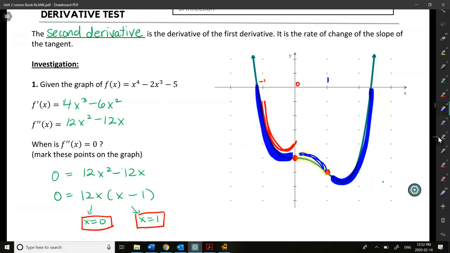So they won't be turning points. Turning points are where your first derivative equals 0. So the first derivative points are potential local maxes, local mins. Second derivative, your zeros are potential points of inflection, so changes in concave, what we call concavity.